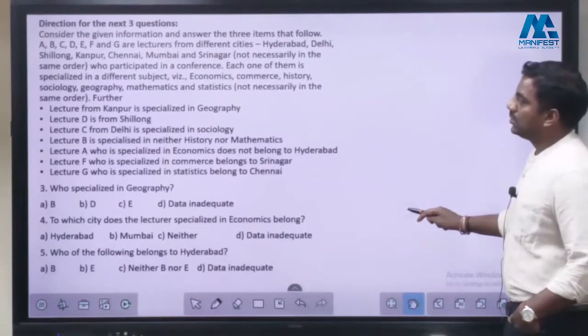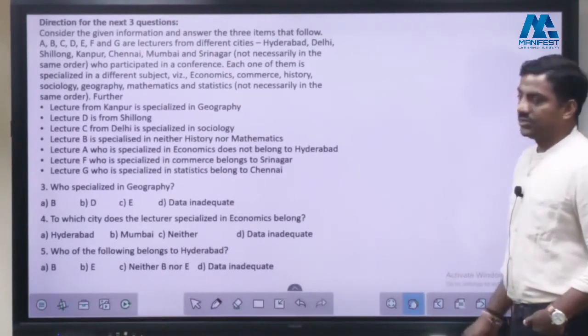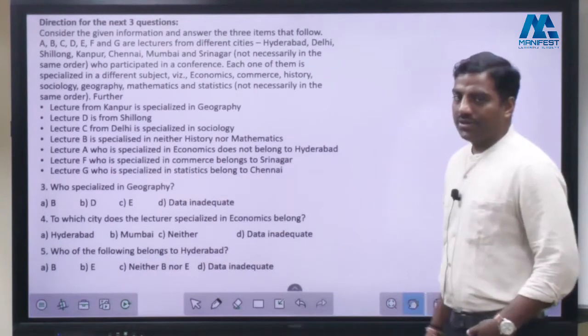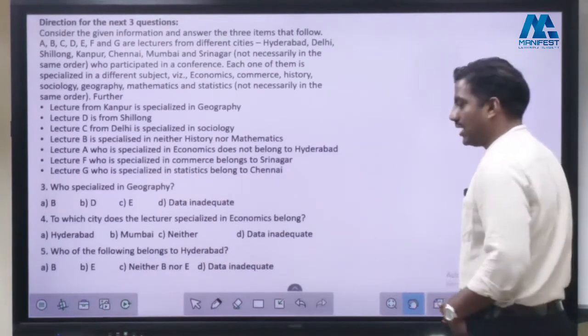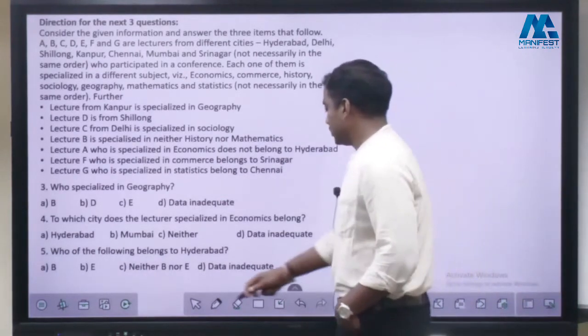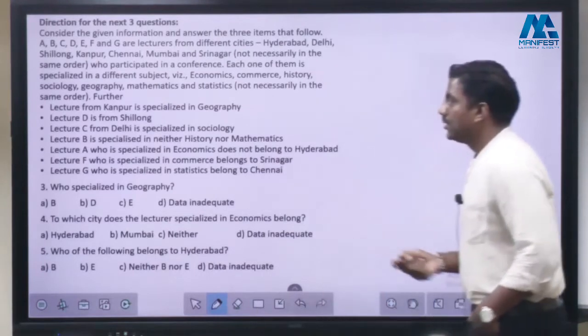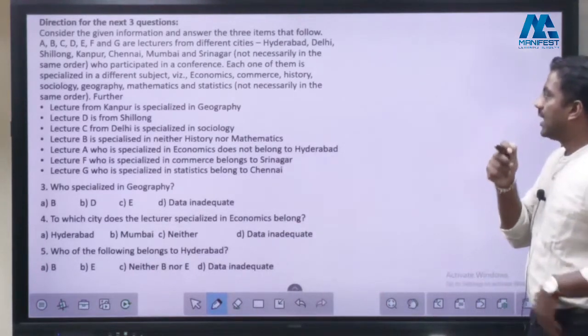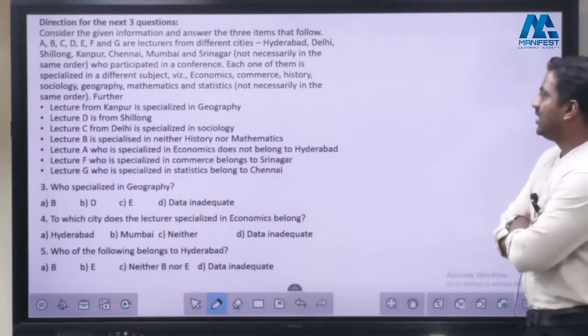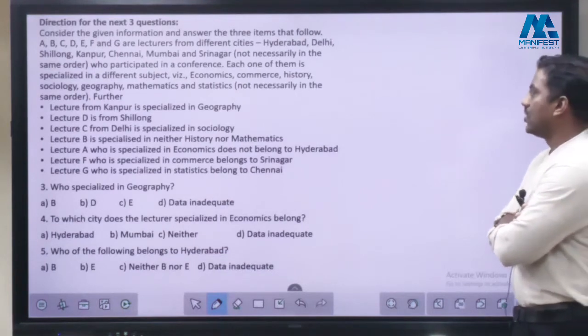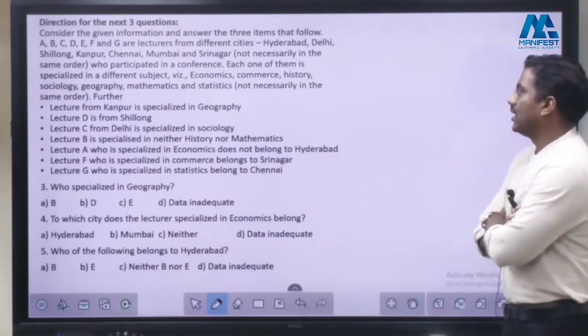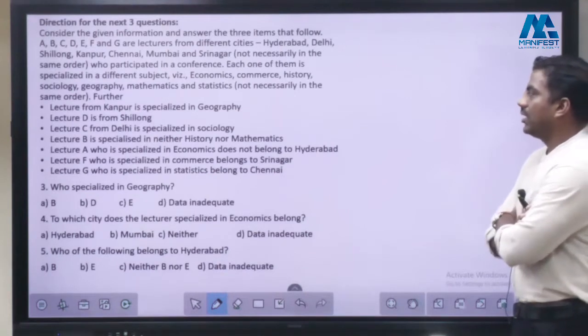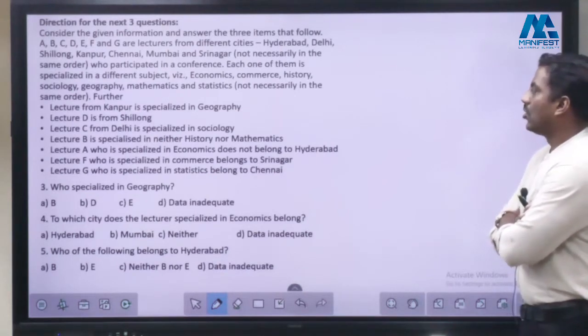Very big problem. If it is not visible from there, try to read your own question paper. Online people, please read the handouts. A, B, C, D, E, F, G are lecturers from different cities: Hyderabad, Delhi, Shillong, Kanpur, Chennai, Mumbai, Srinagar, not necessarily in the same order, who participated in a conference.